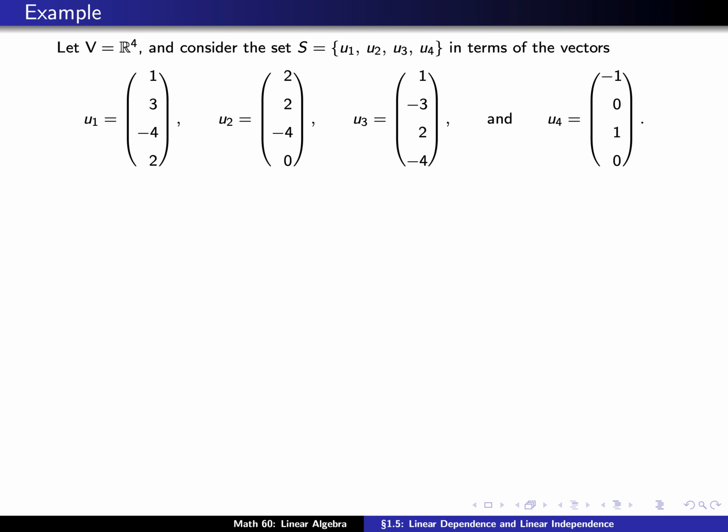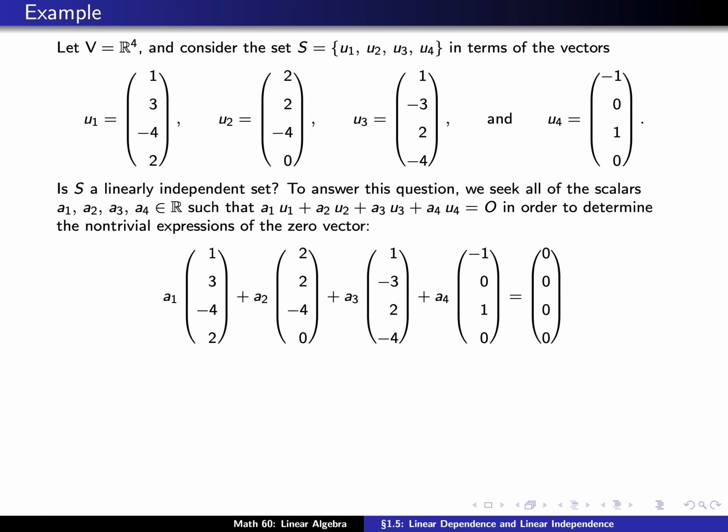Let's work inside a 4-dimensional space, that is R4, and let's consider the set S that consists of the 4 vectors you see on your screen. We'd like to know, is S a linearly independent set? Well, to answer this question, we need to find a non-trivial expression of the 0 vector.